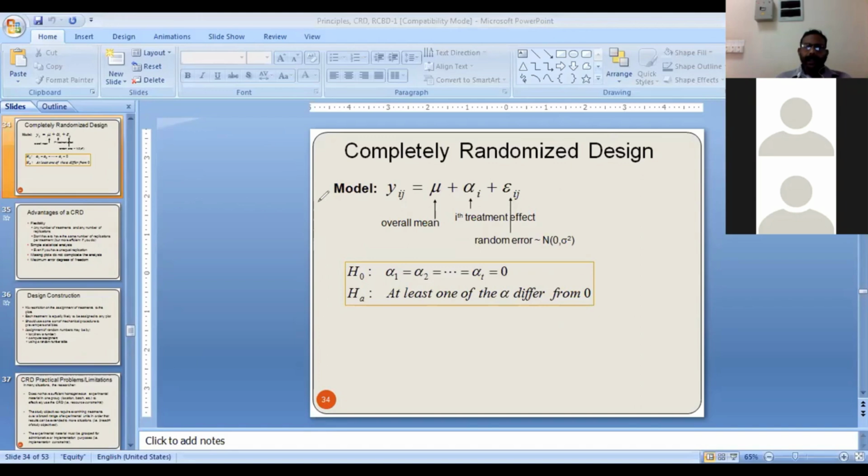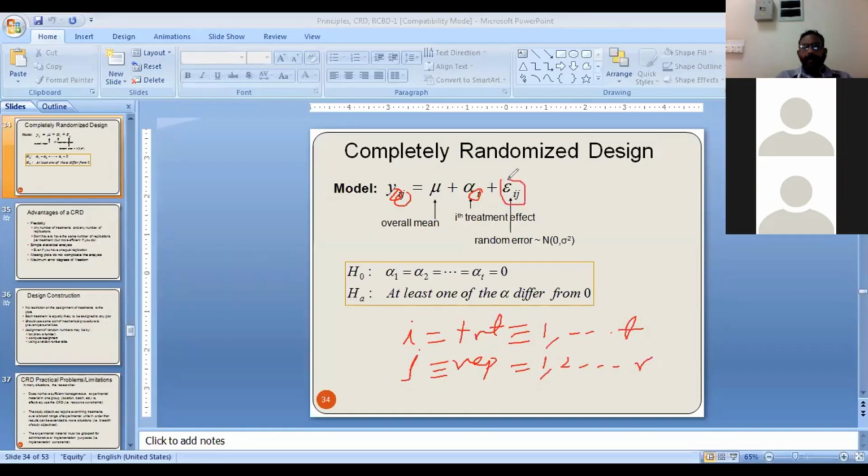The i is indicating the treatment effect, right? j is indicating the replicate. i is indicating the treatment, which starts from 1 and goes up to T. j is the replicate, starting from 1, 2, and goes up to R. Then we talked about the error term.